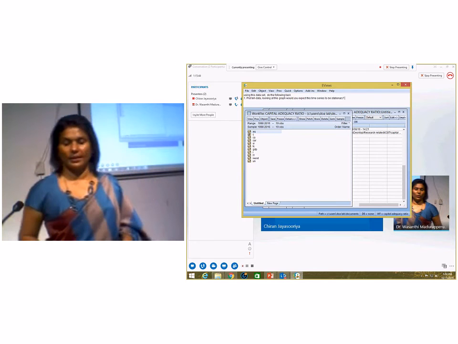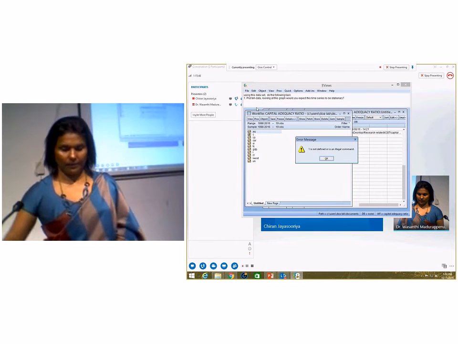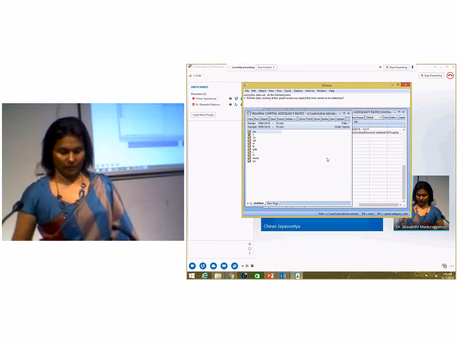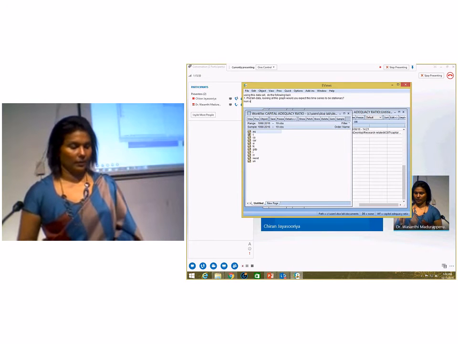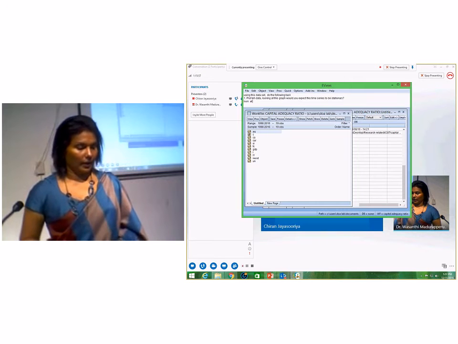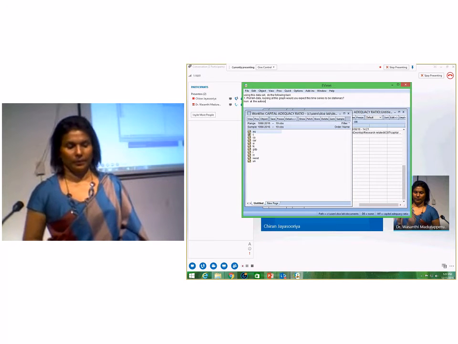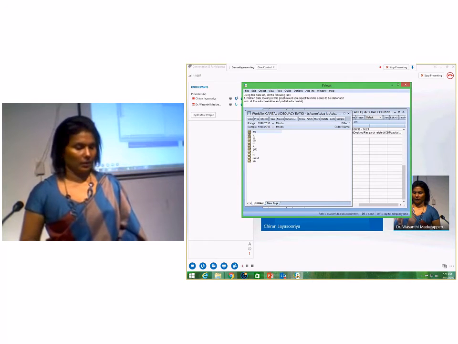Right, also look at the autocorrelation and partial autocorrelation of the time series.